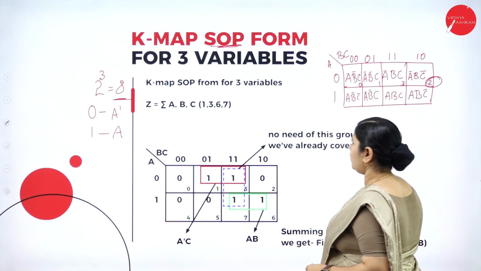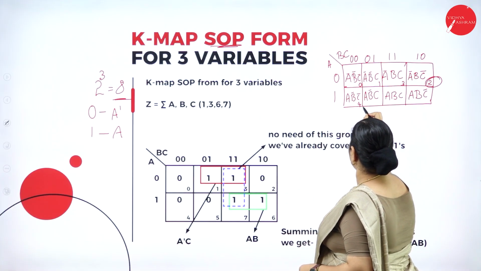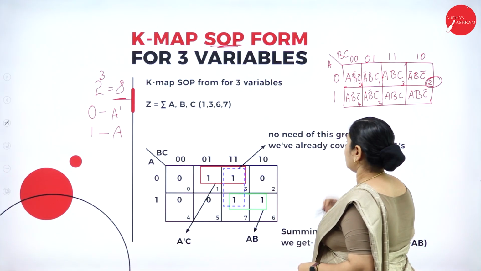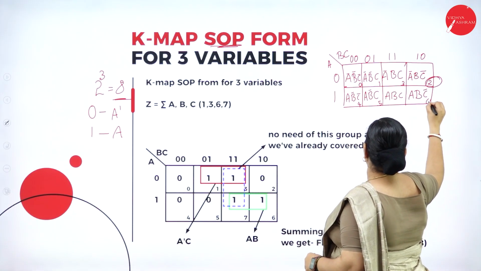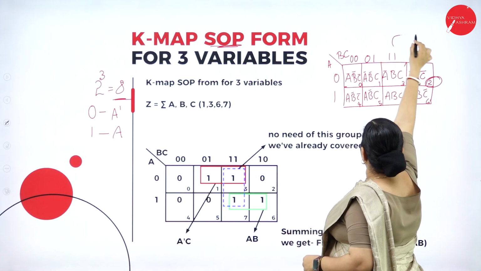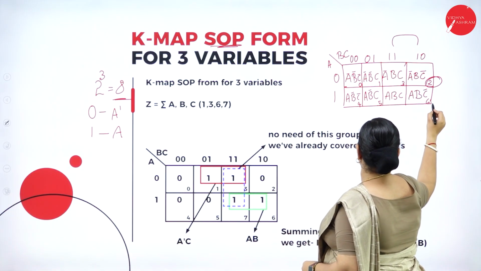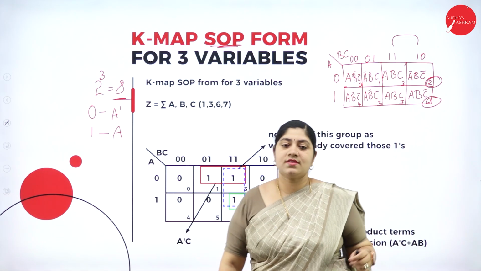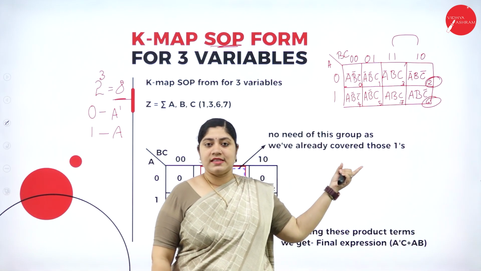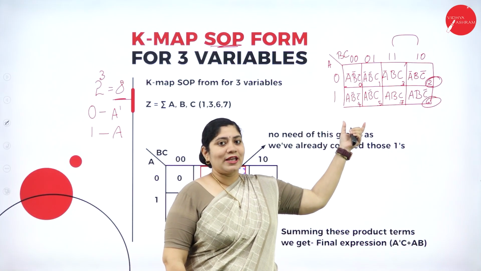Let's write a 3 over here. Next, we need a 4, correct? Okay, 4. Next, 5. 6 should be written in the last column, because we have interchanged these two columns. So 6 has to be written here and 7 here. So those are the place values of the cells. This is how we can represent a 3-variable K-map.